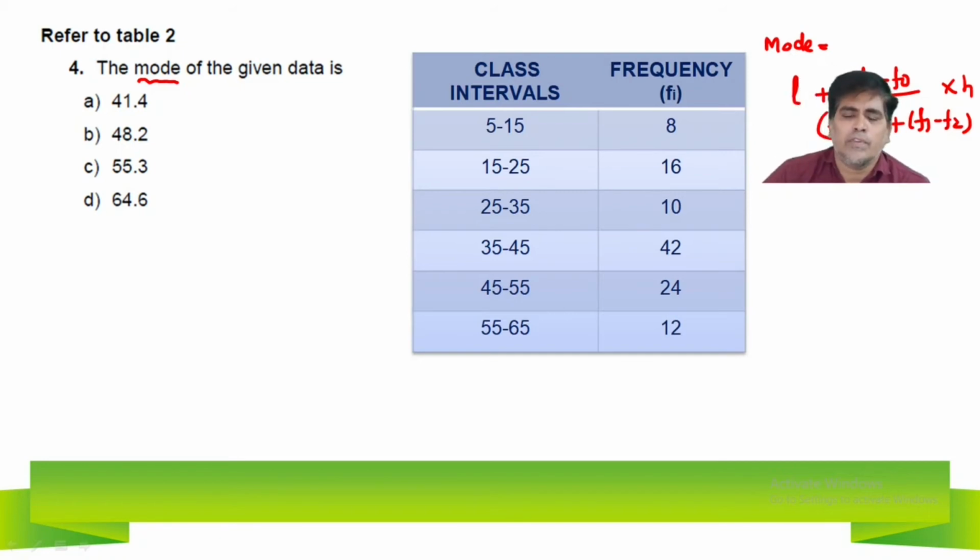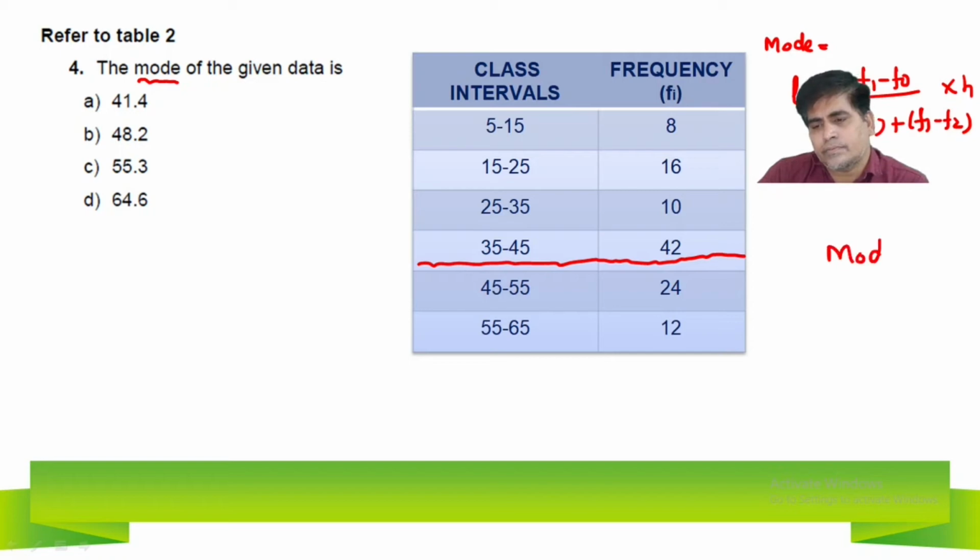First of all, we'll find the modal class, where the highest frequency is 42. That is the age group of 35 to 45, so this is the modal class. Why?